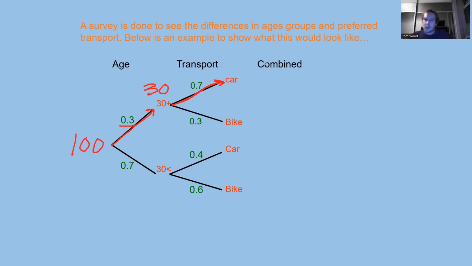Yeah. Thank you very, very much for speaking up and mentioning that. That was the point I was going to go on to, so it's a good point to go on to as well. So to get the correct answer, like I mentioned, you simply multiply down the branch.